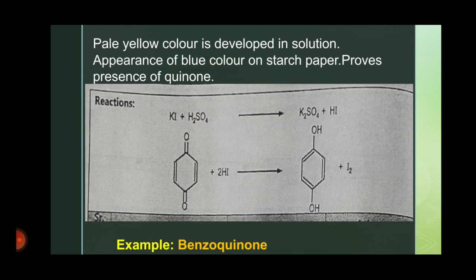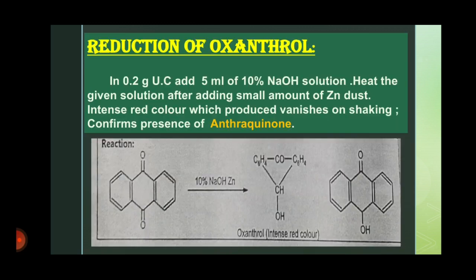It forms potassium sulfate, K2SO4, and hydrogen iodide. This hydrogen iodide is further added to 0.2 gram of sample. You will find a pale yellow color developed in solution, and the appearance of blue color on starch paper proves the presence of quinone. For example, benzoquinone.